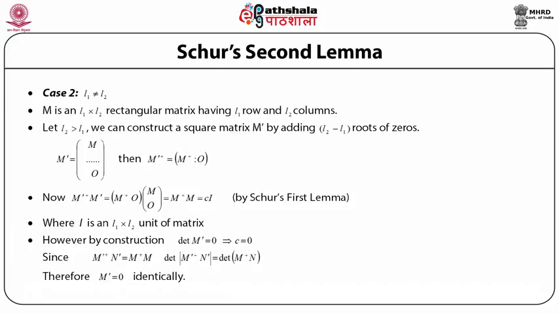However, by construction, determinant M prime is equal to 0, which obviously implies that C is equal to 0, since M prime dagger M prime is equal to M dagger M. Determinant M prime dagger M prime is equal to determinant M dagger M, and therefore M is equal to 0 identically. This completes the proof of Schur's second lemma.